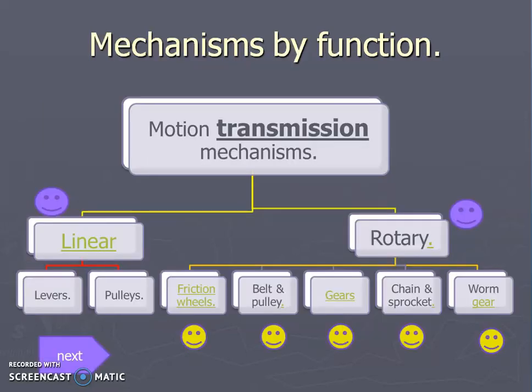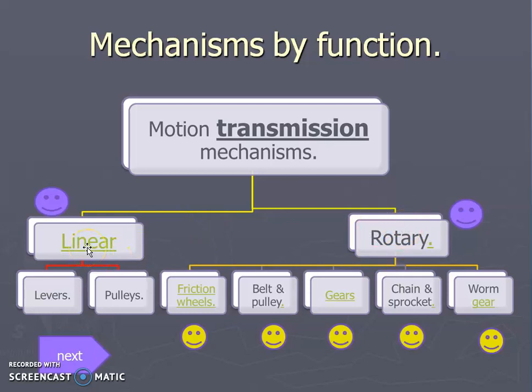And now if you move your book to page 99, we have a diagram representing the different mechanisms classified by their function. If we are talking about how these mechanisms transmit motion, we have those regarding linear motion and rotary motion.